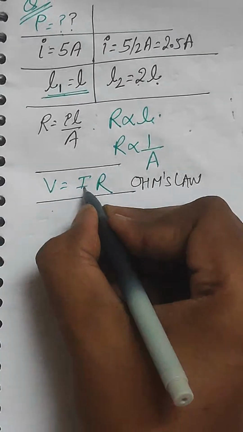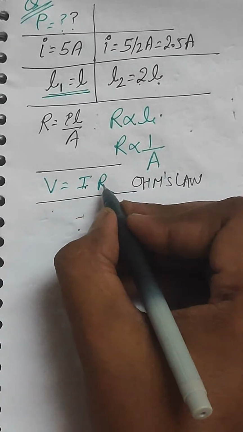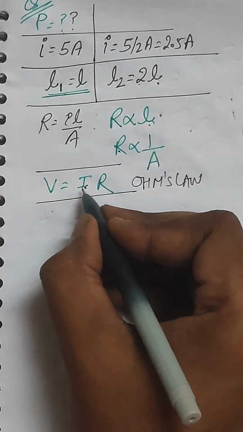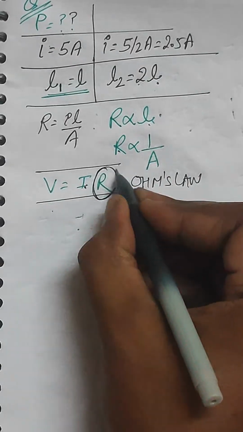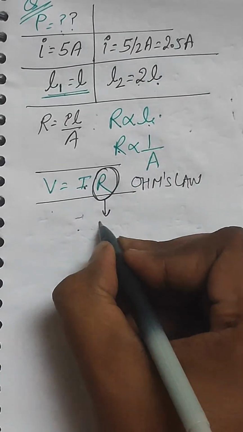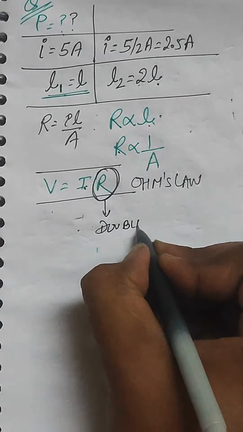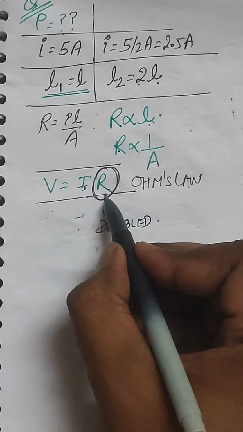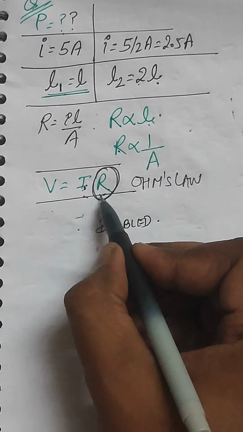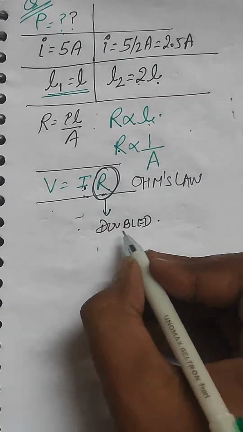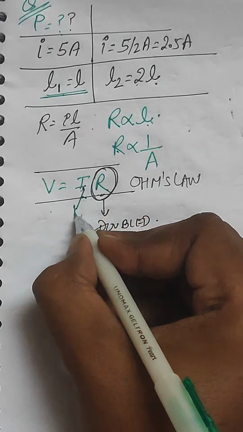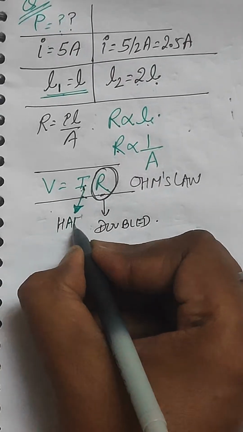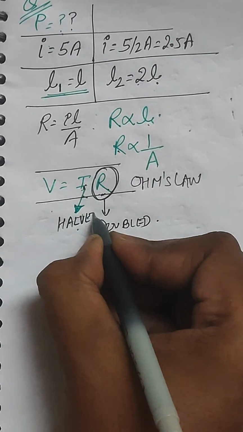So here, if the resistance is doubled, then what will be the value of I? The product of I and R should always be constant. So if this is doubled, definitely I needs to become half. This should be halved, right?